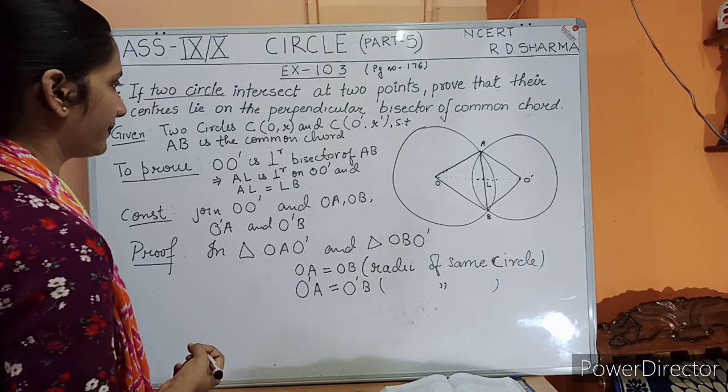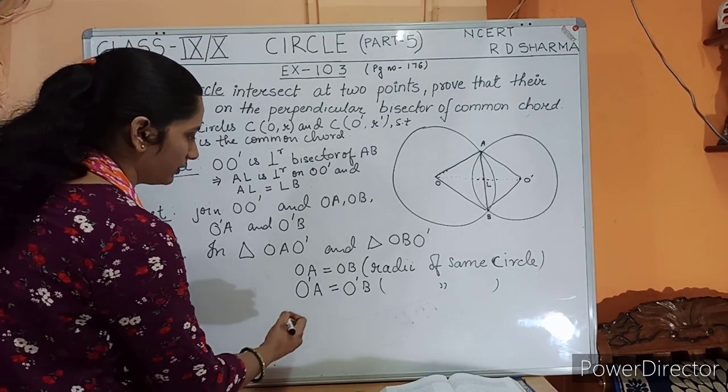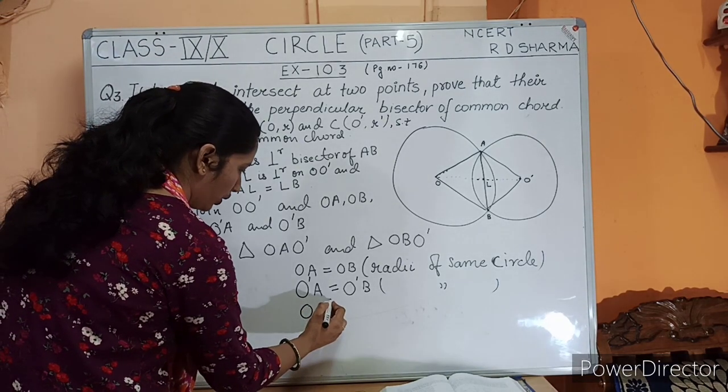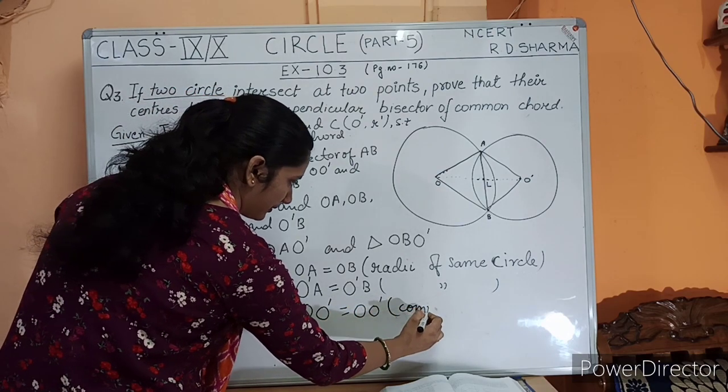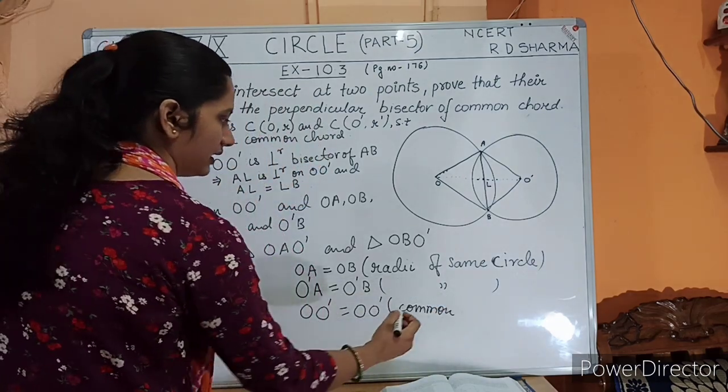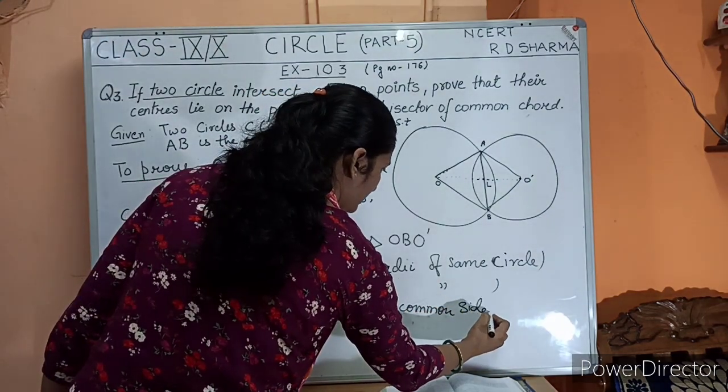Now the third condition is O O dash must be equal to O O dash, because this is the common side of the triangle.